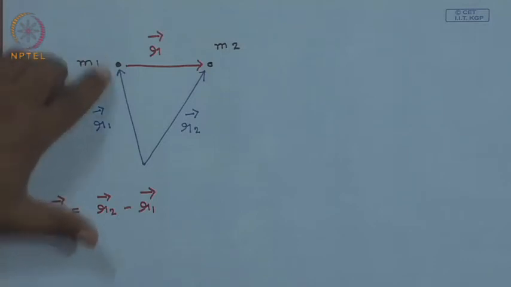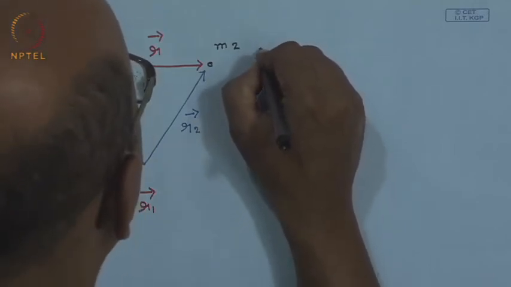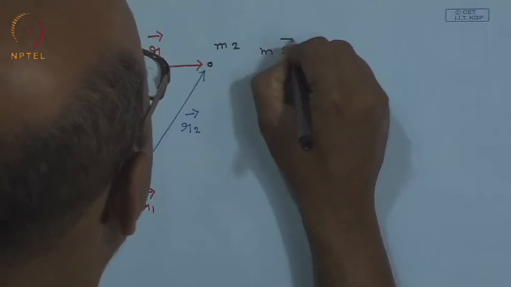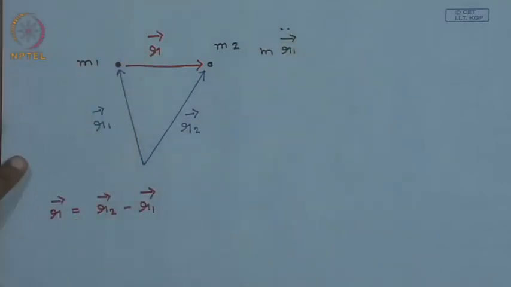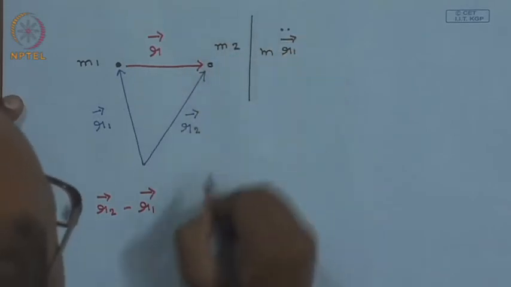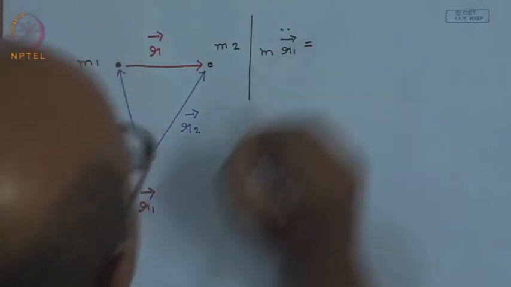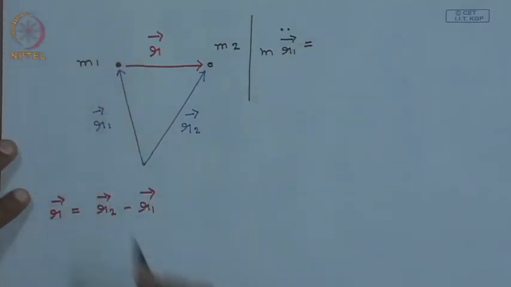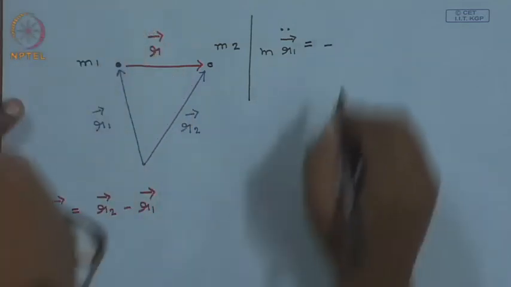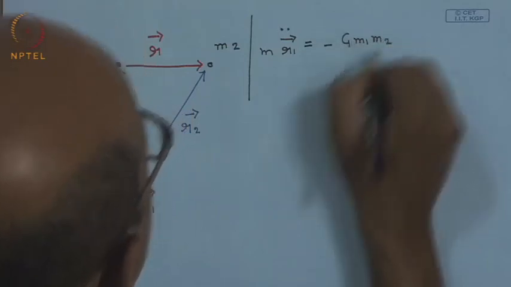So, for the particle m1, we have m1 into r1 double dot, the acceleration of the first particle. So, let me put a line here to differentiate between these two. So, the rate of change of momentum of the first particle is equal to minus G m1 m2.